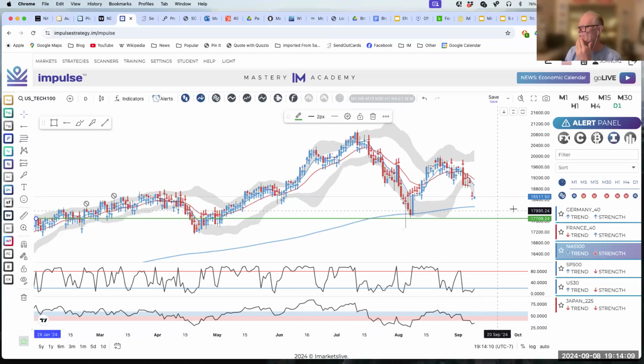So 17,709. Again, that's going under the 18,000 mark there. That's your big round number to be aware of. Once it broke through 18,000 about here, it only touched it once. It's trying to head back down there again, so it would need to come below this trend line to get there. Okay.